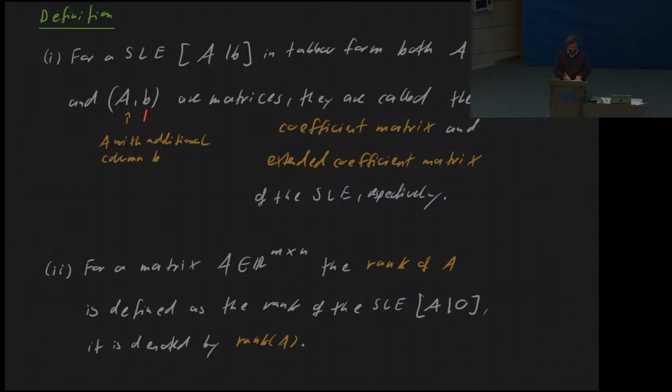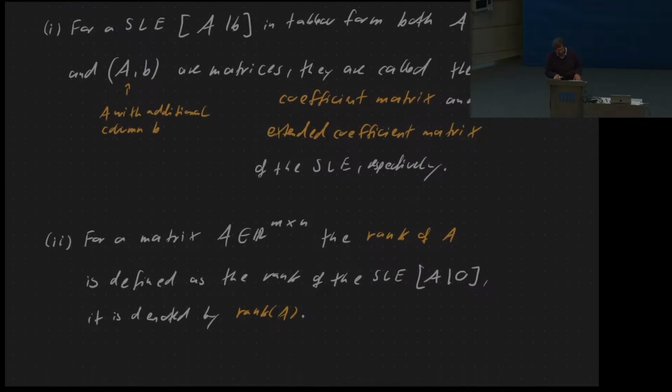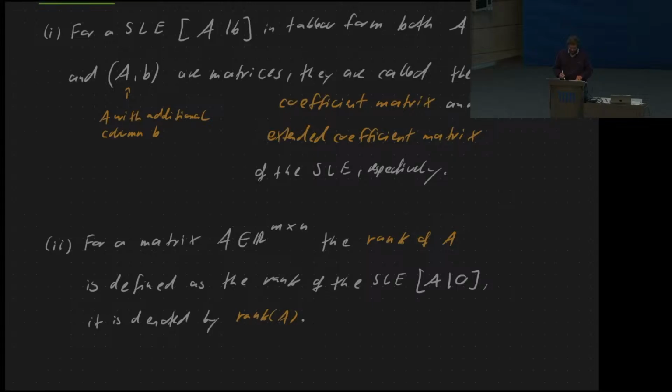And if I add another column as the right-hand side, this is called the extended coefficient matrix. And now I can define the rank of a matrix by simply saying, well, that's the same as the rank of this system of linear equations, right? So I just assume I want to solve a system of linear equations, and I compute row echelon form for that matrix. I count the number of pivot elements. That's the rank of my matrix. Same thing as before. It's just called matrix now, not tableau anymore.